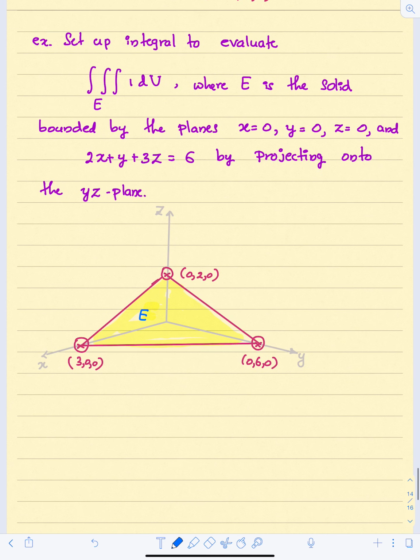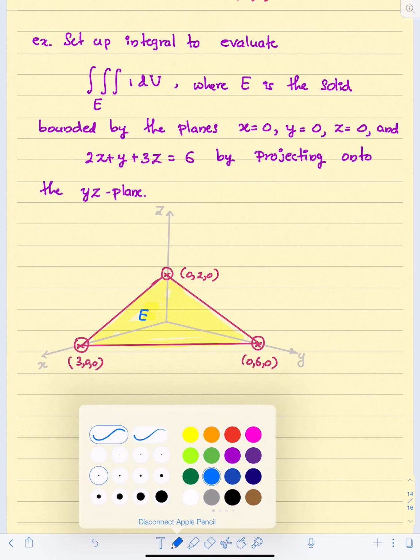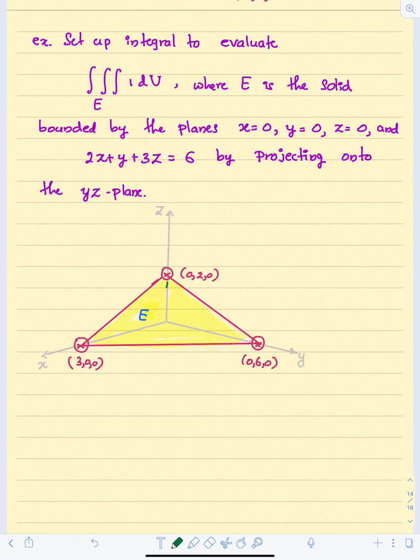Now in this problem we want to project this solid E onto the YZ plane. So in other words, our domain D is this part. The domain D should be something like this.